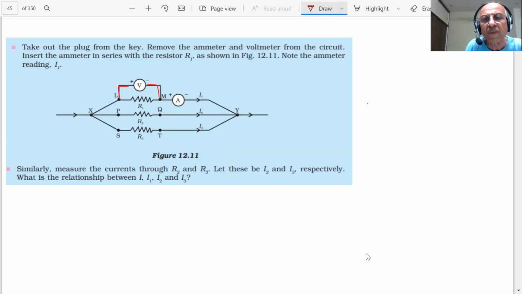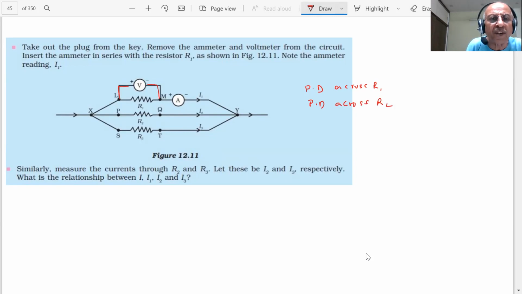This is giving me the potential difference across R1.